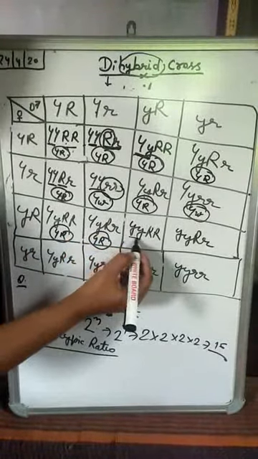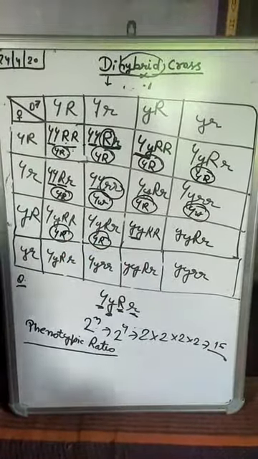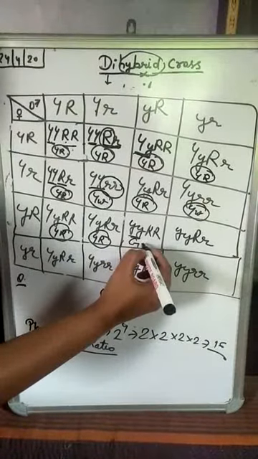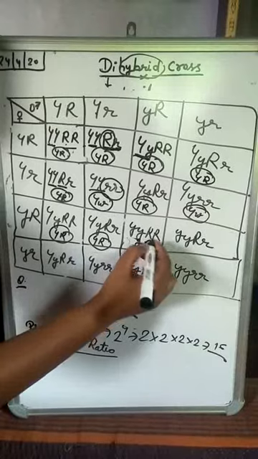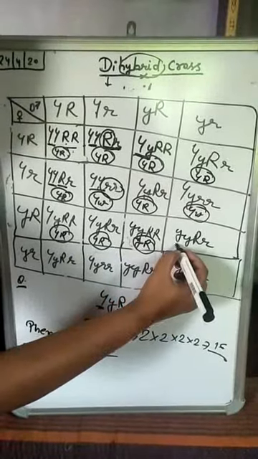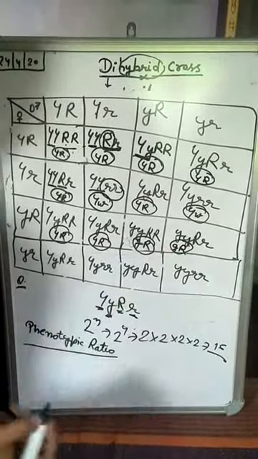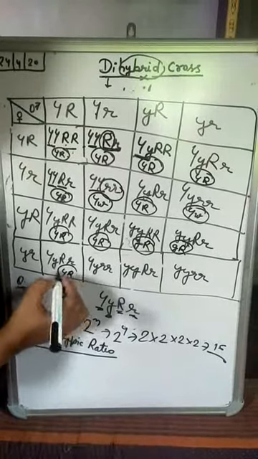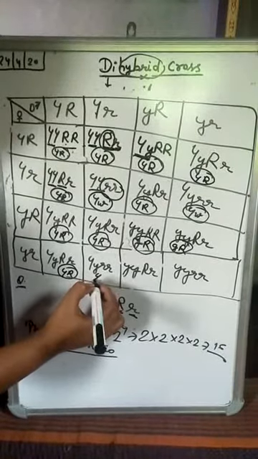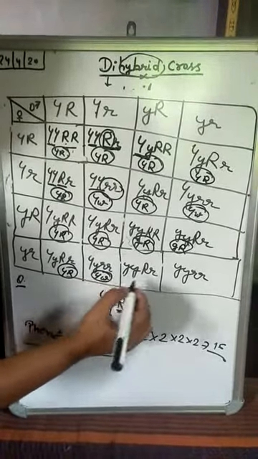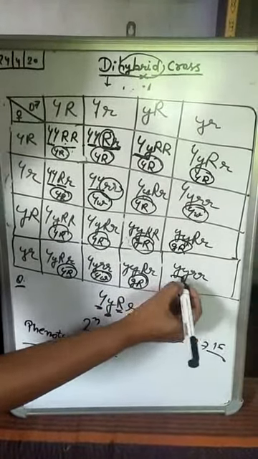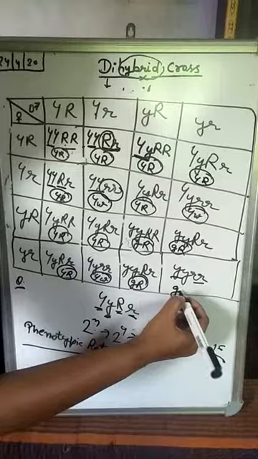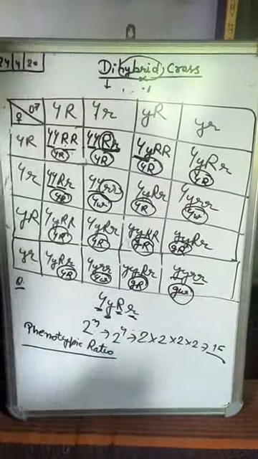Here both recessive alleles are present, which will represent green and round. Green and round. Here again green and round. Here yellow round. Here yellow and wrinkled. Green and round, and at the last, all are recessive: green and wrinkled.